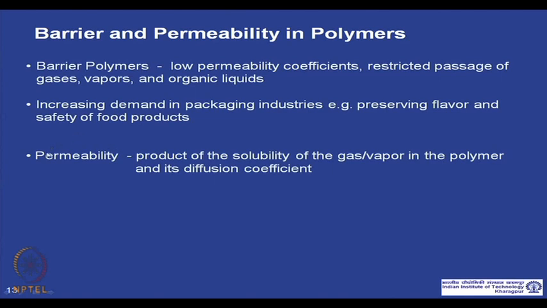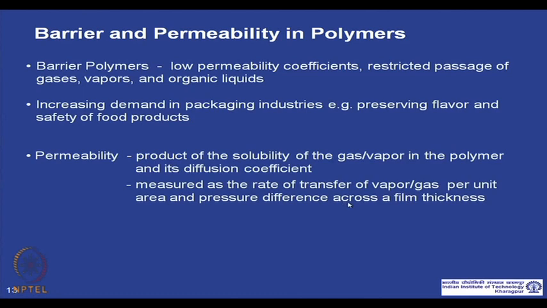Permeability is defined as the product of the solubility of a gas or vapor in the polymer matrix and its diffusion coefficient. So, basically permeability is given by two factors: the solubility of the gas or vapor in the polymer, and the diffusion coefficient of the gas in concern.